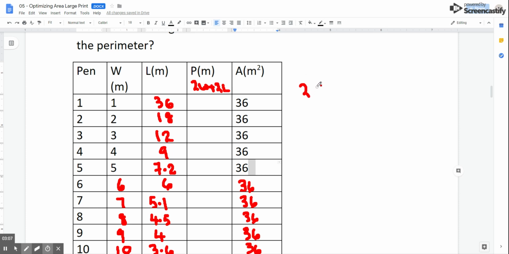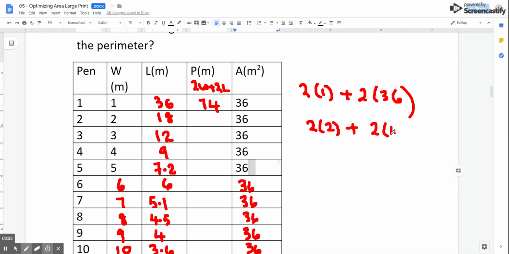So 2 times 1 plus 2 times 36 gives me 74. 2 times 2 plus 2 times 18 gives me 80. 2 times 3 plus 2 times 12 gives me 30.